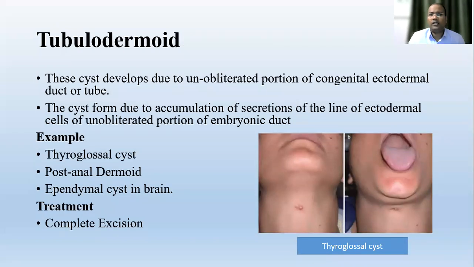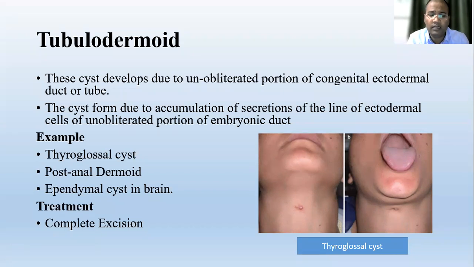Then tubular dermoids. These are dermoid cysts which develop due to non-obliteration of ducts.